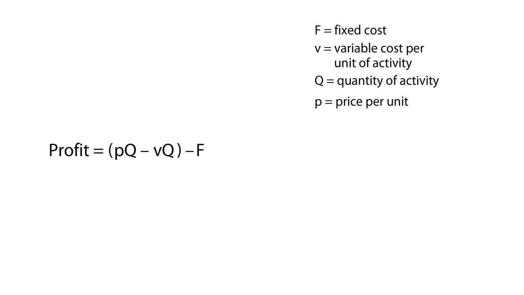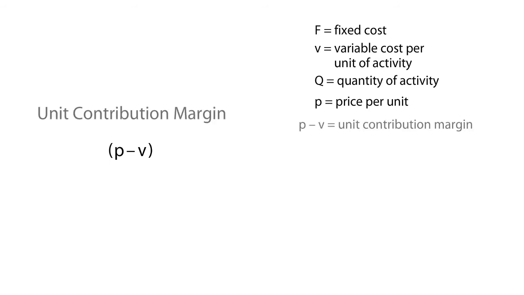You'll see that Q is multiplied by both a P and a minus V. So algebraically, we can represent our profit as P minus V, that whole quantity times Q, and then we subtract off F. So let's make sense of this before we look at a picture. What's P minus V? P minus V is what's called the unit contribution margin.